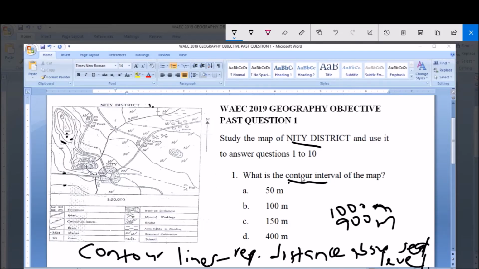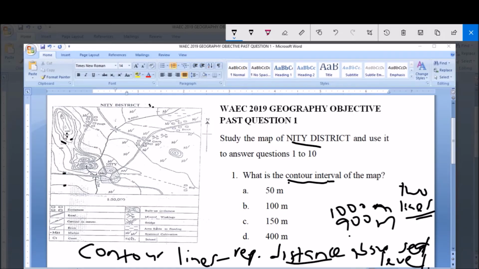So the contour interval is the distance, the interval between two contour lines, and it's basically gotten from subtracting the one above from the one below.